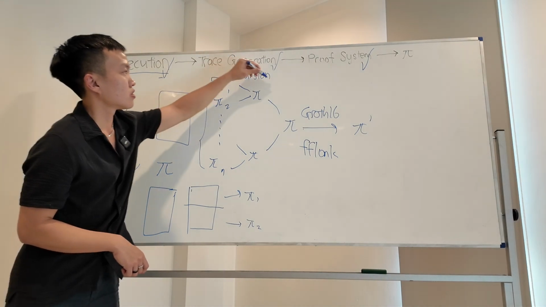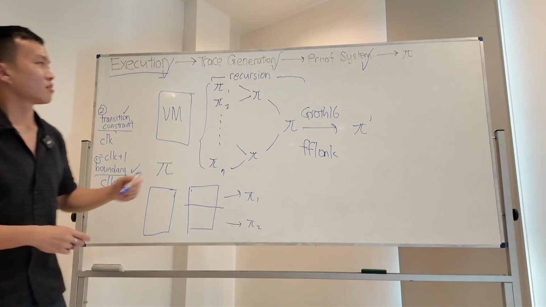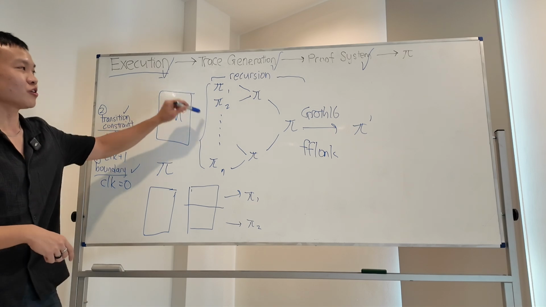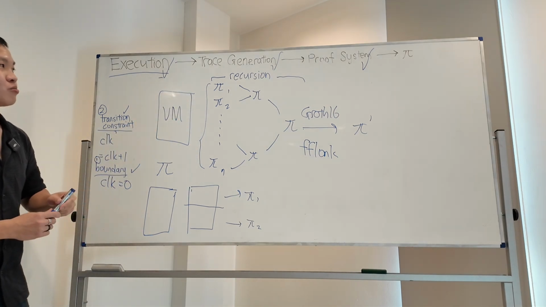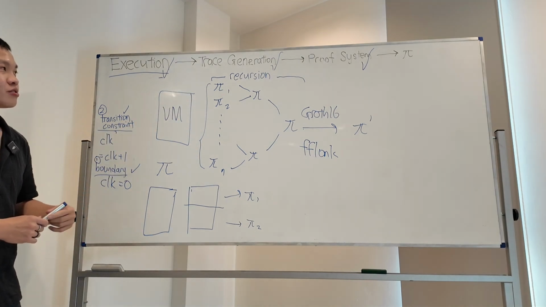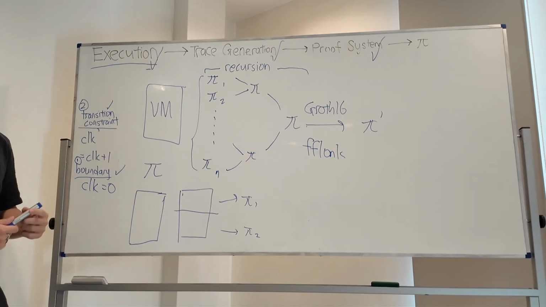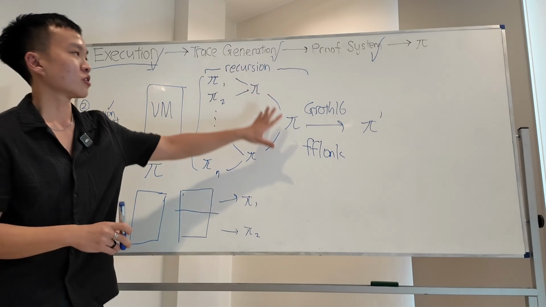This section. So this splitting up of the trace is done purely for performance reasons. And then this is what the recursion circuit does.